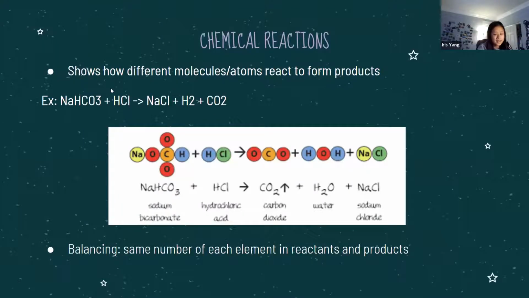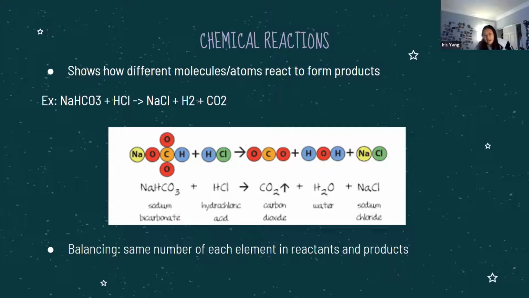Chemical reactions. This is the important part of how this information about the periodic table relates to Crime Busters. A lot of the time in Crime Busters, we'll use chemical reactions. We'll react something we found that we don't know what it is and observe the reaction.